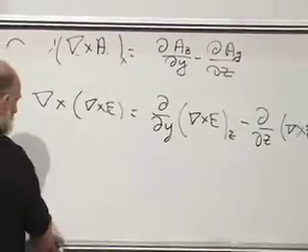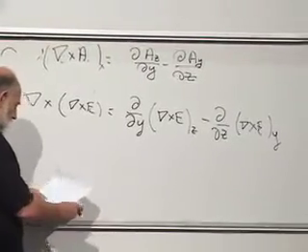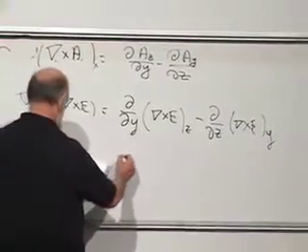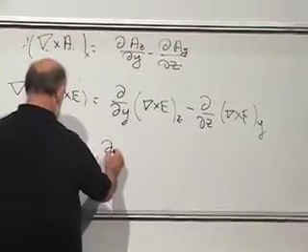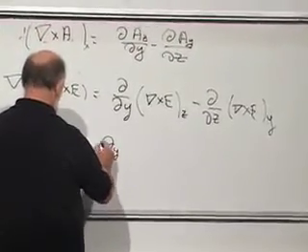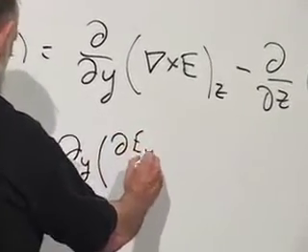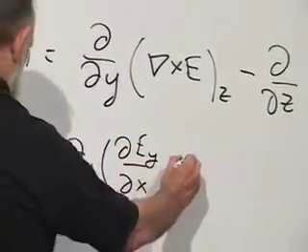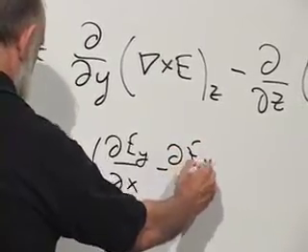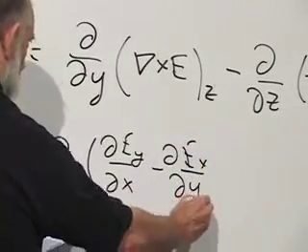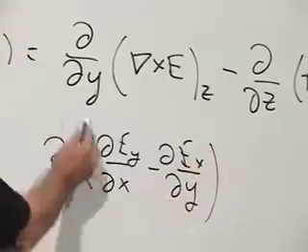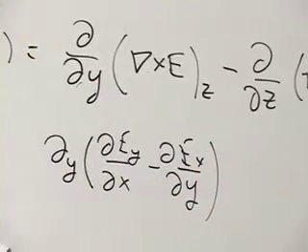And here is the grand result. It's d by dy of the derivative of EY with respect to x minus the derivative of EX with respect to y. That's d by dy of this term.